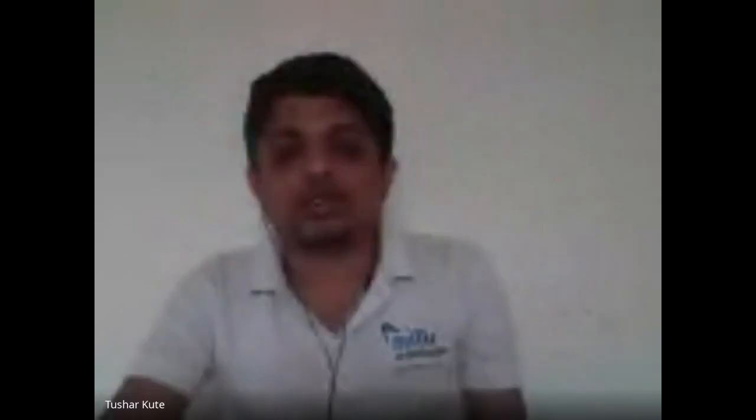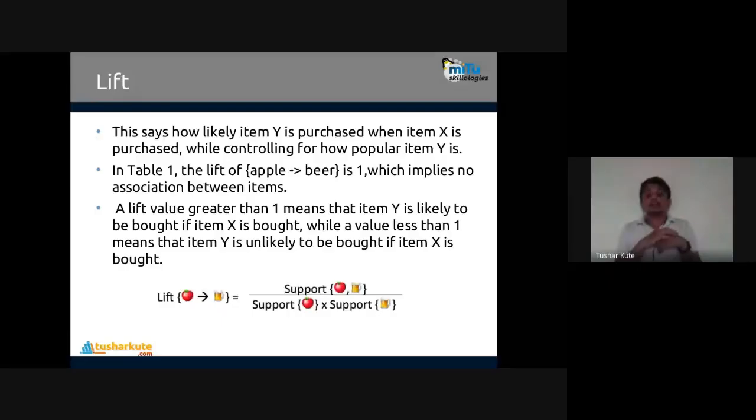When the value is less than 1, it is unlikely to be bought when X is bought. So generally the value of lift should be above 1 as much as possible: 1, 2, 3, 4, whatever. That gives the popularity of the rule, which is what lift is called.